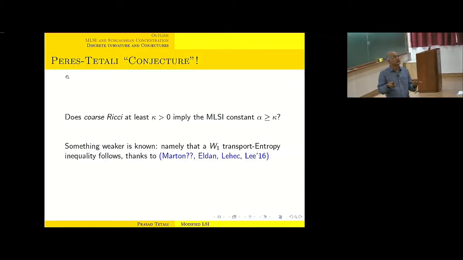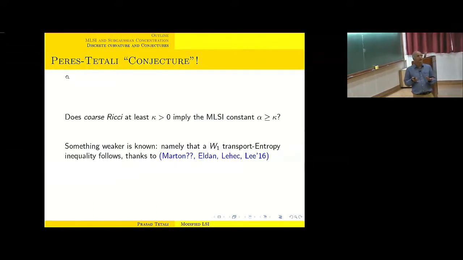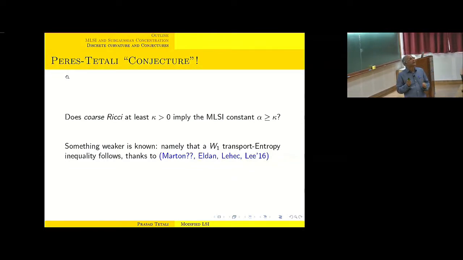I said I doubted that, and that I would aim for something weaker: the modified log-Sobolev constant is maybe at least kappa. That got turned into Ronen Eldan, James Lee, and others calling it a conjecture by the two of us. I think at least one of us will be happy no matter which way it is settled, because I'm not sure I believe the conjecture.